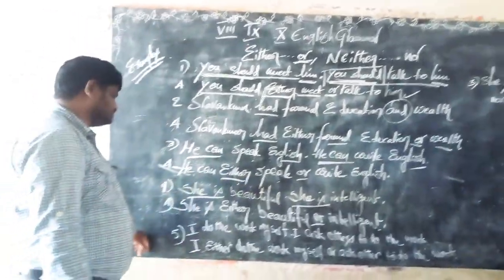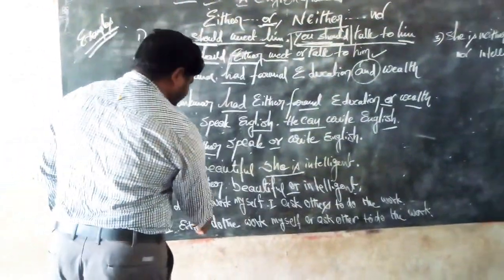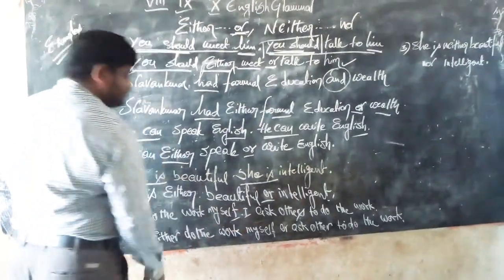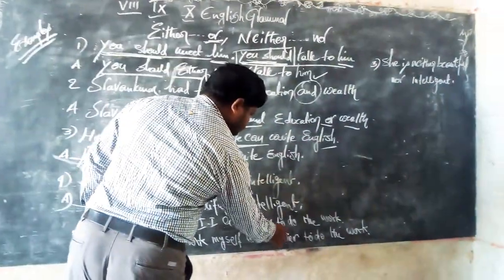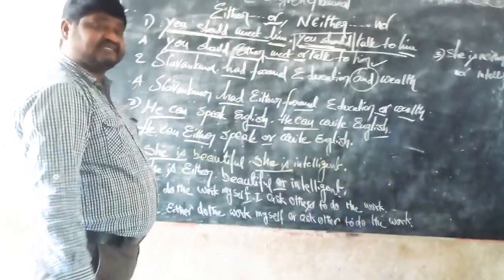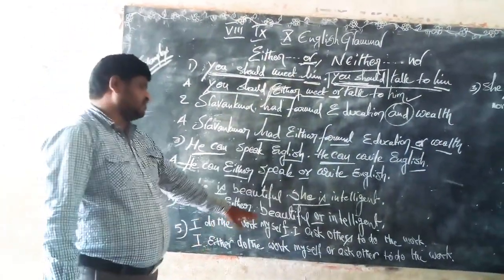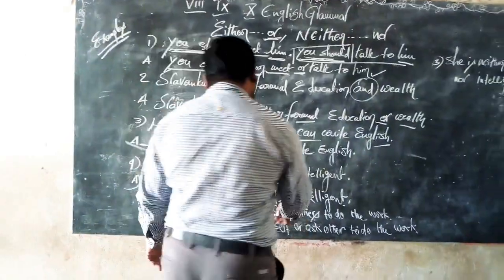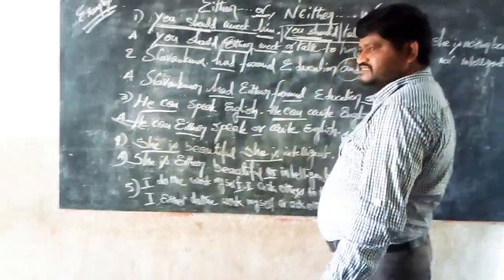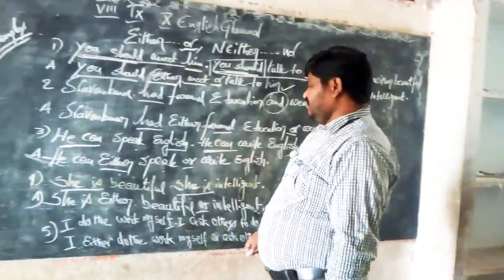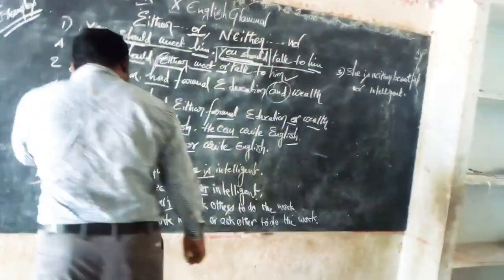And the fifth one: I do the work myself. I ask others to do the work. This is the sentence, friends. I do the work myself and I ask others to do the work. How are we identifying the similar words?